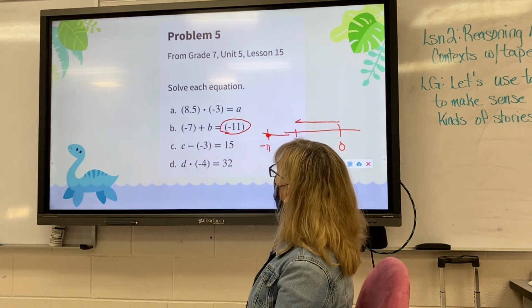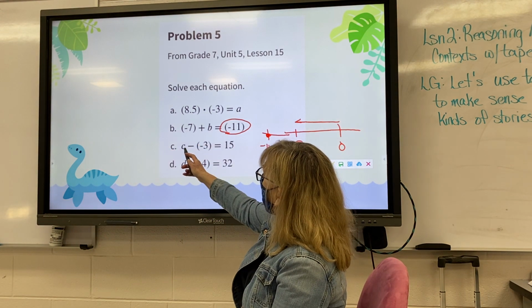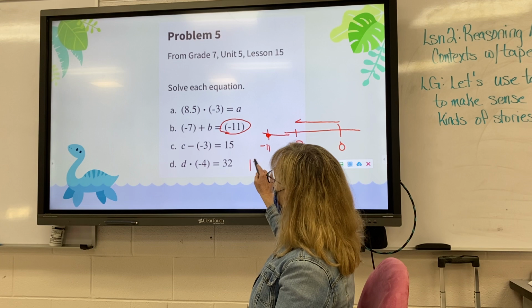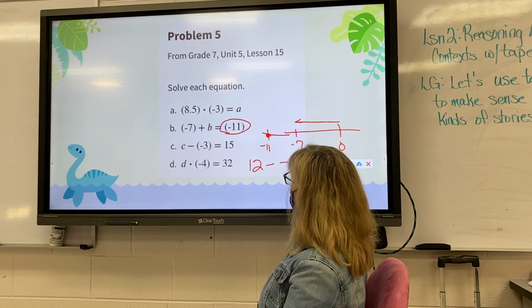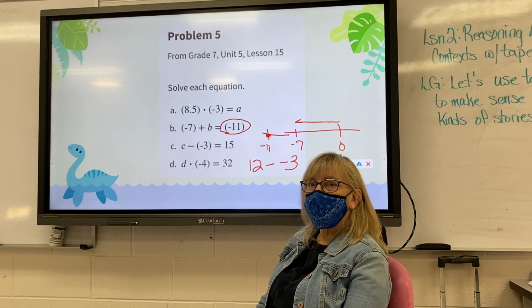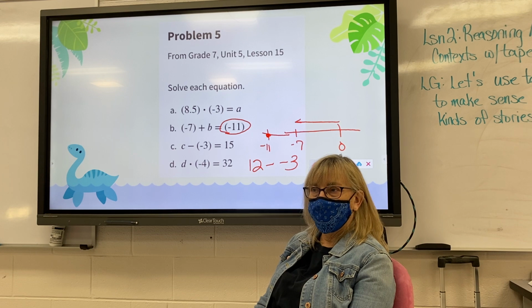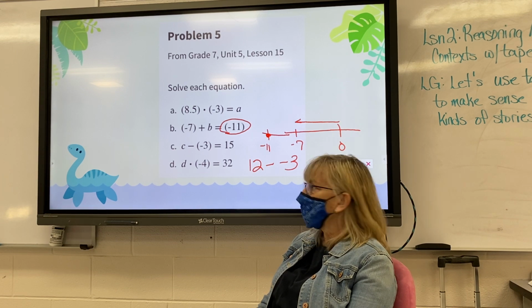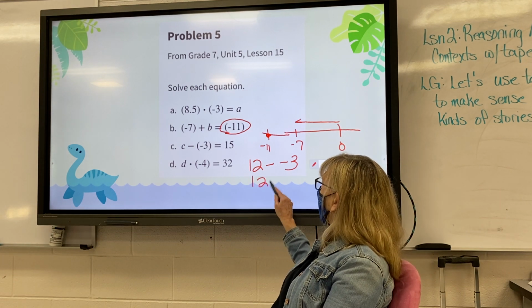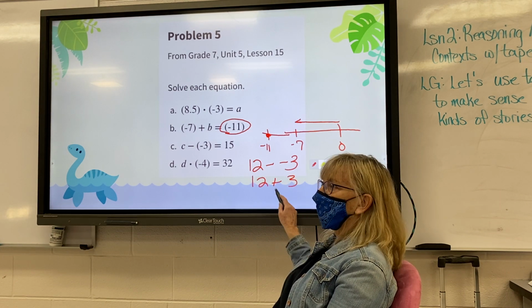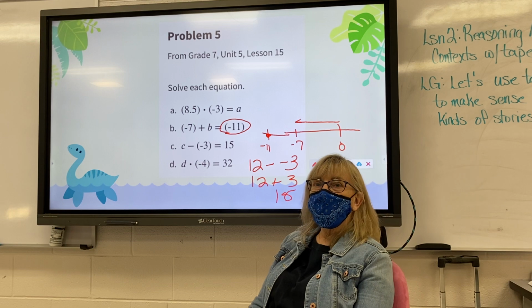All right, let's look at that one. Let's plug in 12 there. 12 minus -3. Subtracting a negative is the same thing as adding a positive. So 12 plus 3 is 15. Is that what I needed?